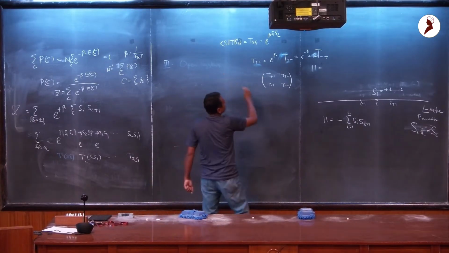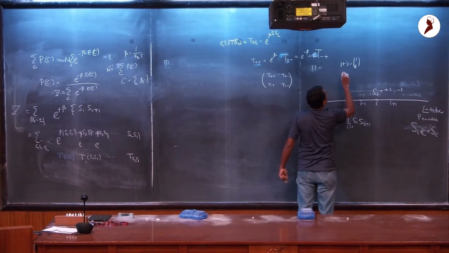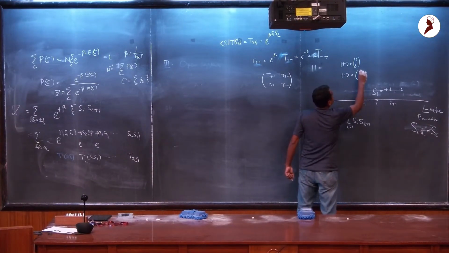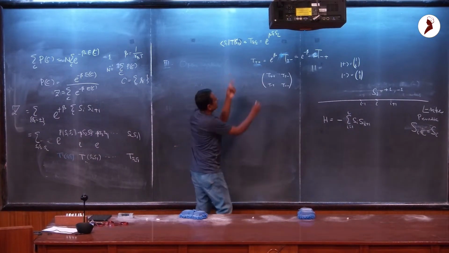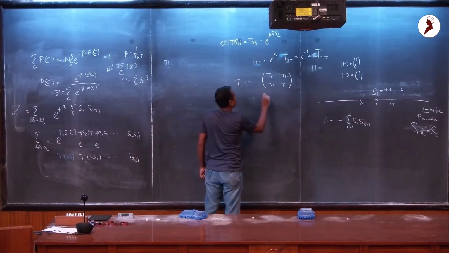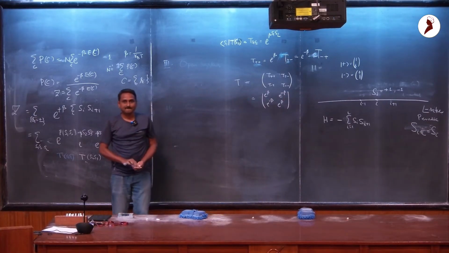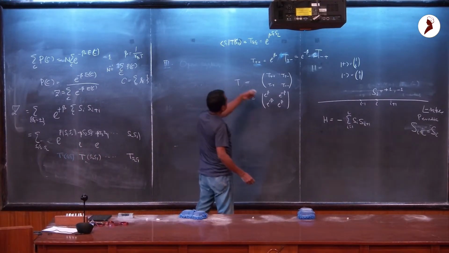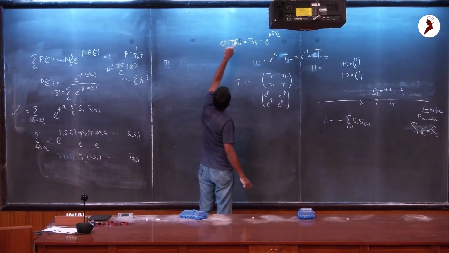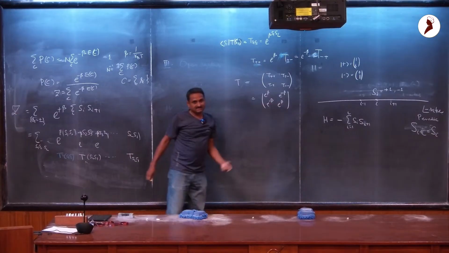So in this notation, plus equals 1 0 and minus equals 0 1. These are the standard basis. If this is the matrix, then T equals e to the power beta, e to the power minus beta, e to the power minus beta, e to the power beta. This is your T. If you plot plus plus, you get this, plus minus you get this, minus plus you get this. So this is the definition.